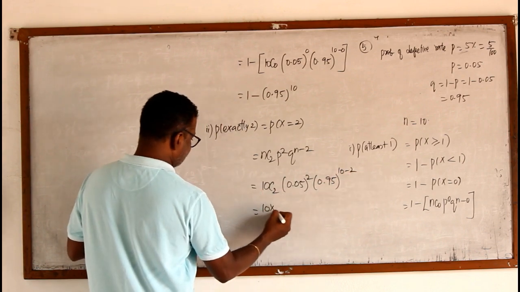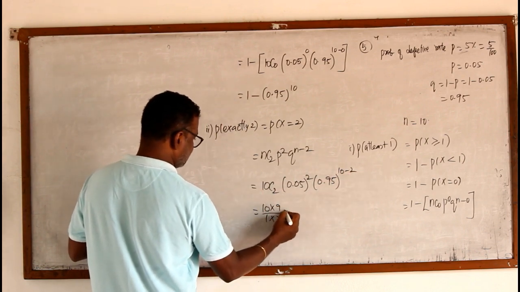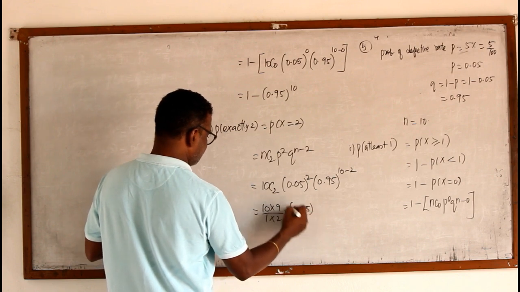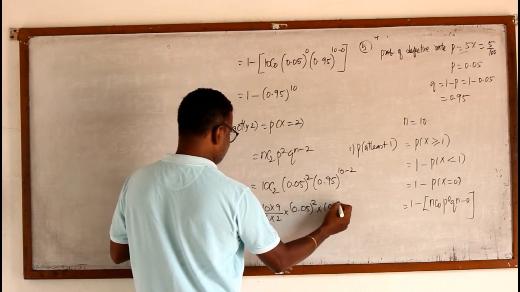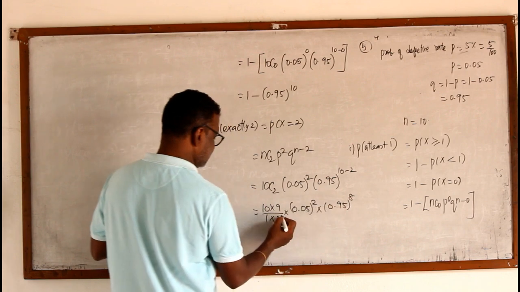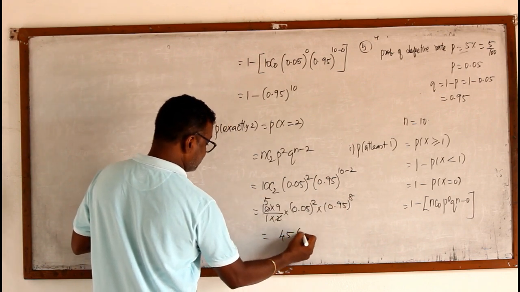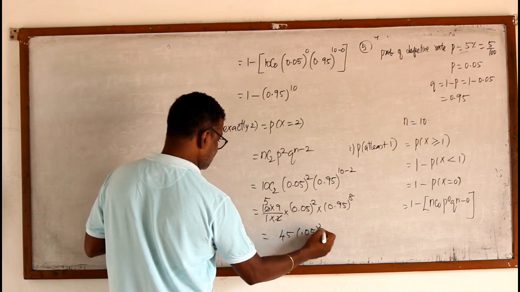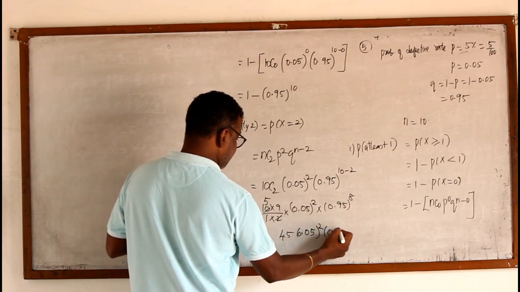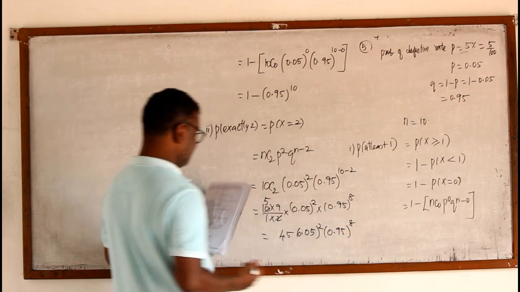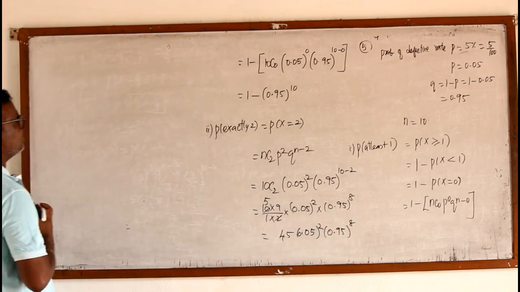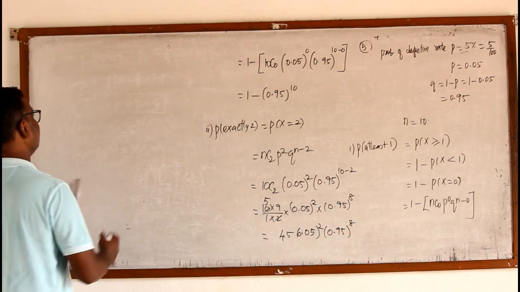It is 10 into 9 by 1 into 2, 0.05 the whole square, 0.95 whole power 8. So shall we write 45 into 0.05 whole square, 0.95 the power 8. So we can leave it as it is. This is our problem number 5.